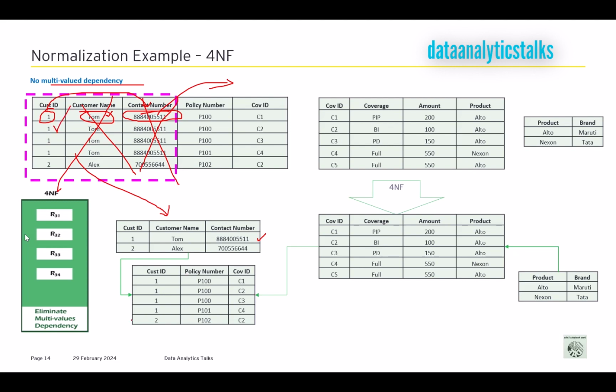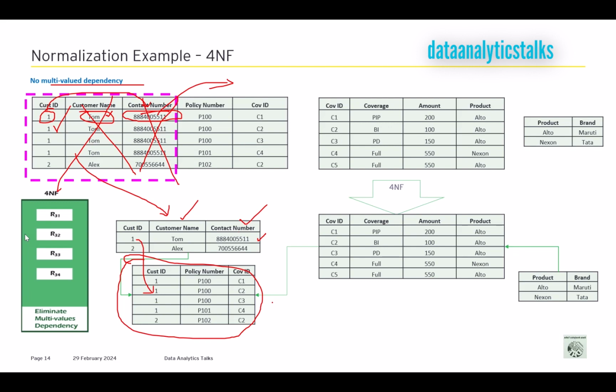Look at this, so this is the new main table. The main table is related to customer ID, and we don't maintain customer name or contact number in the main table. Any changes, any updates, all will happen in this place. So we have seen how 3NF is converted into 4NF.